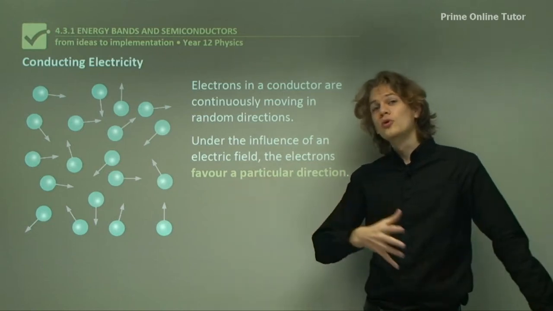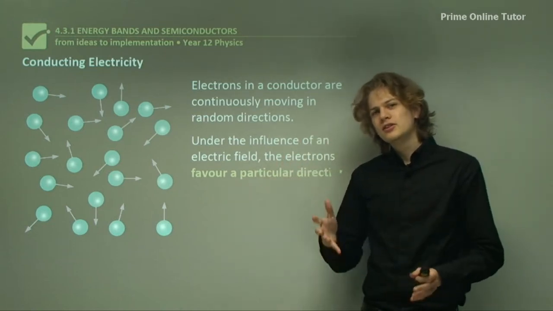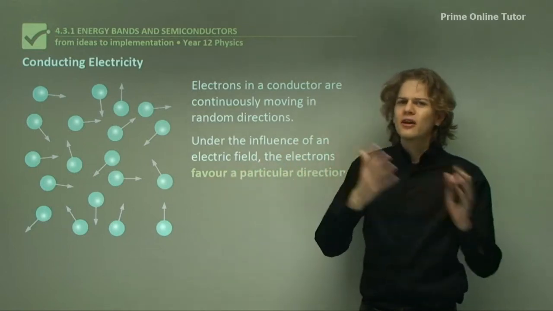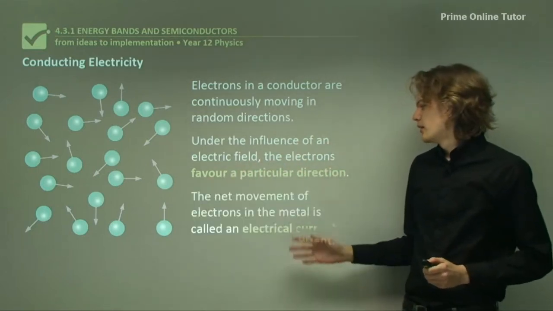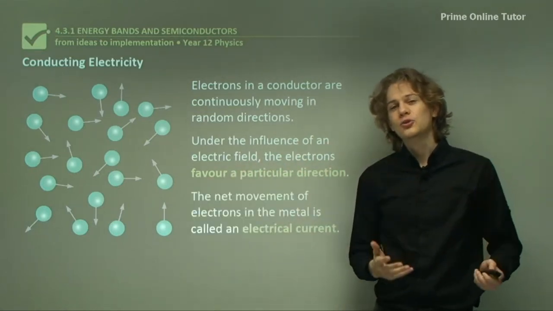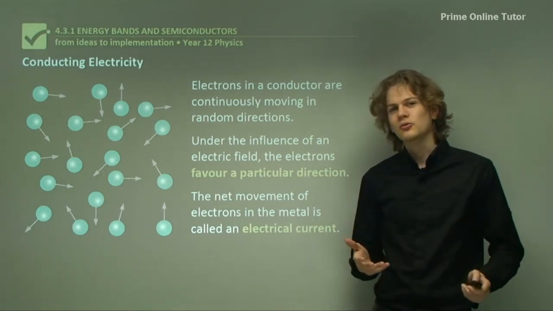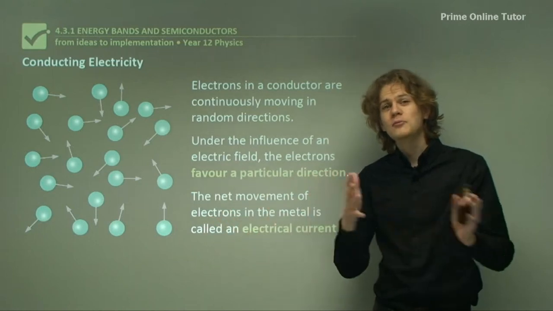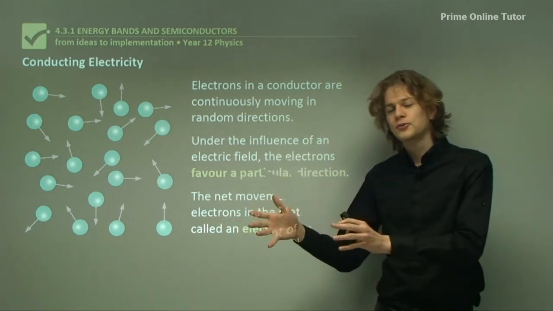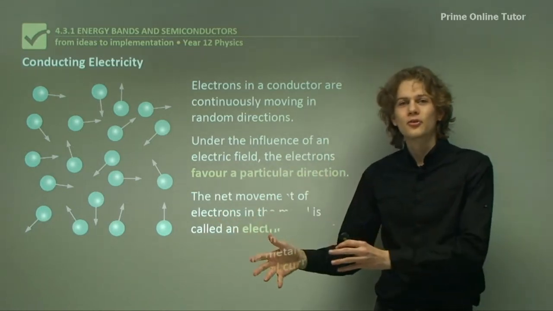So instead of all moving in random directions, there'll be just a few more moving in one direction than the other. And this is what causes an electrical current to flow. So bear in mind that in an electrical current, it's not all electrons moving in the same direction, it's just more electrons moving in one direction than in the other directions.